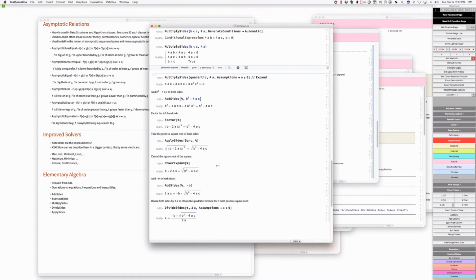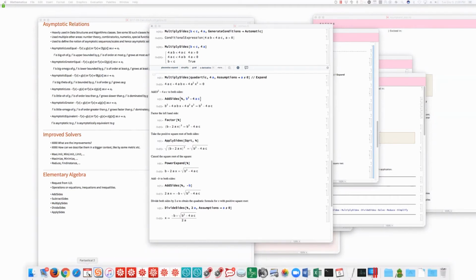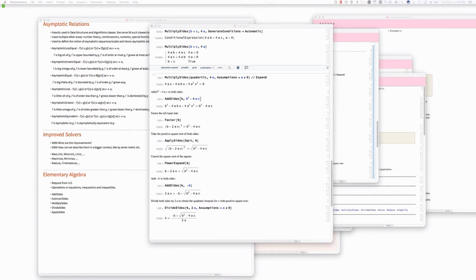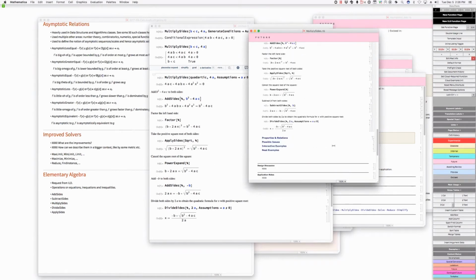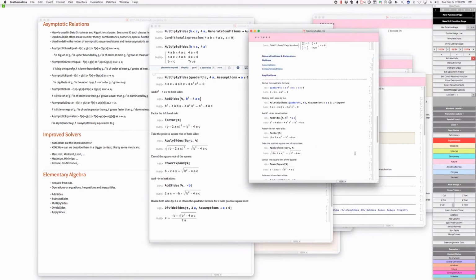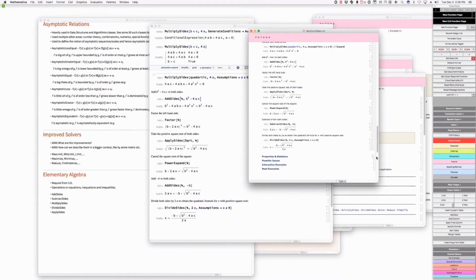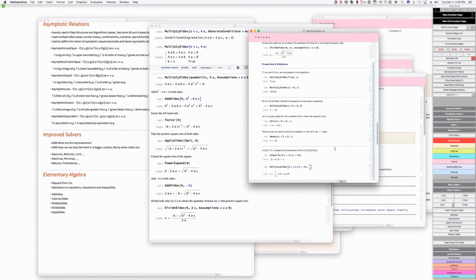So I think, here, let me find the examples. I can tell you where to look. Oh, maybe I have this under properties and relations. Of multiply sides. Yeah, so like the second and third properties and relations.